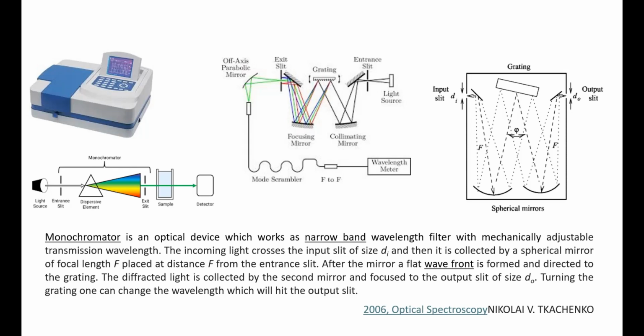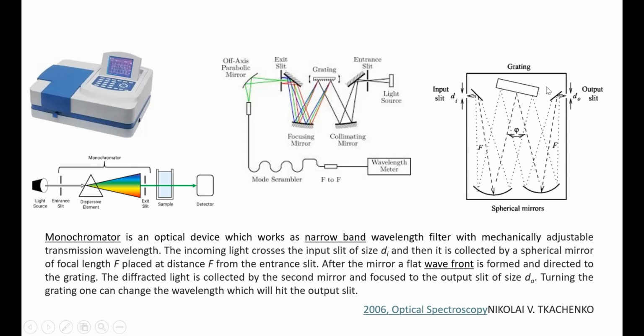The light broken down into its component wavelengths is collected by a focusing mirror, then collected by another optical system which condenses and focuses that light, and the collected light passes through the exit slit, and from the exit slit it goes to the sample. Now here we have shown only the diffraction grating, but you can have a design where the prism and gratings are both assembled, so you get even better focusing and selection of a particular wavelength.